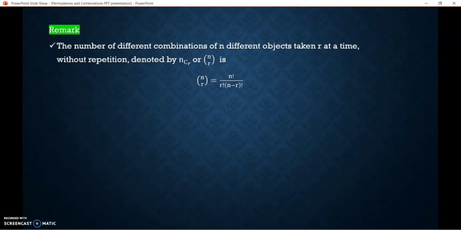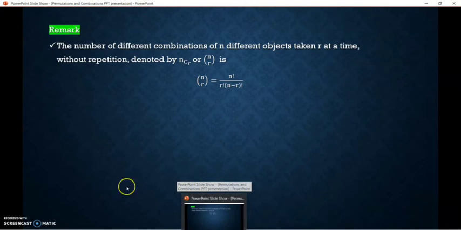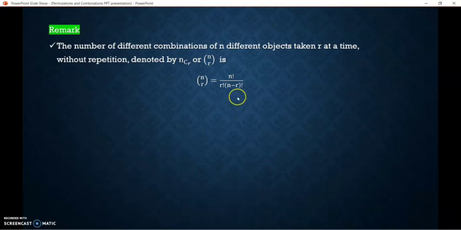Now, there's this r factorial. If I just hide this part, then what I get is exactly the formula for permutation. So there's an extra division, because we don't regard two things which are similar. XY and YX are the same combination for us.